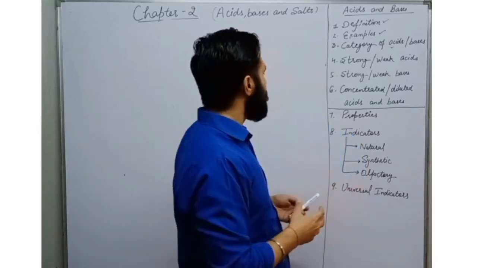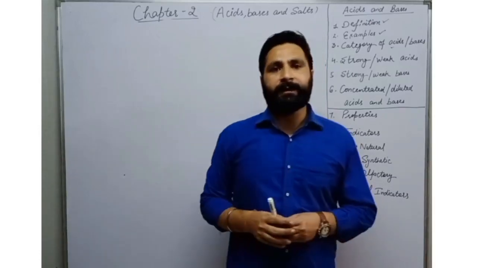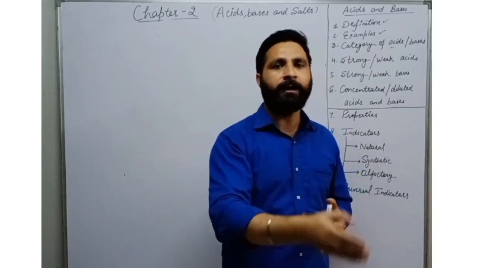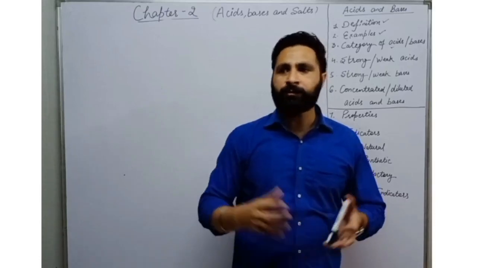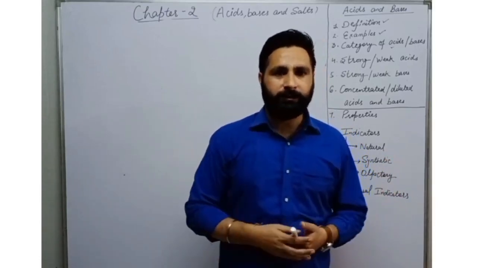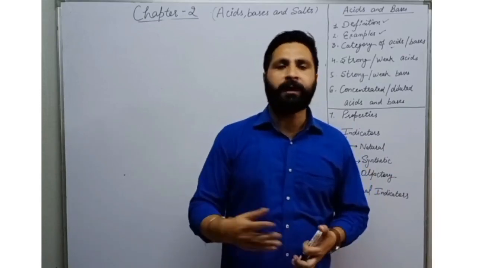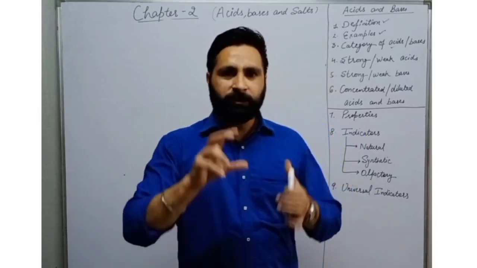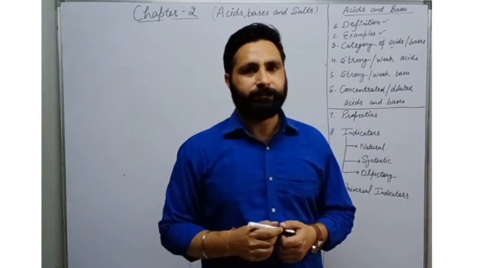In the same way, there are indicators which tell about a chemical, whether it is an acid, a base, or neutral. Because if you have 3-4 bottles of chemicals without their names, how can you identify whether it is an acid, a base, or neutral? So some indicators are there.